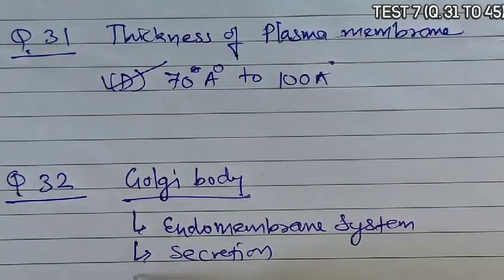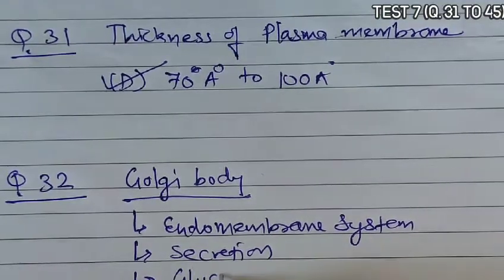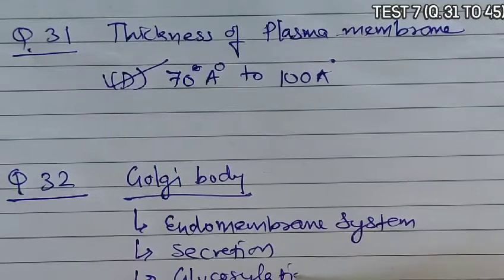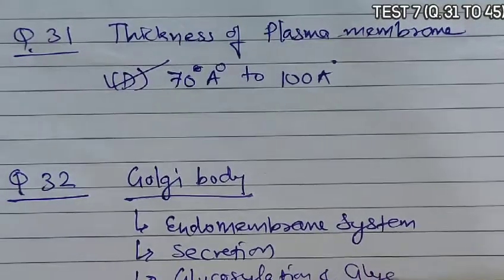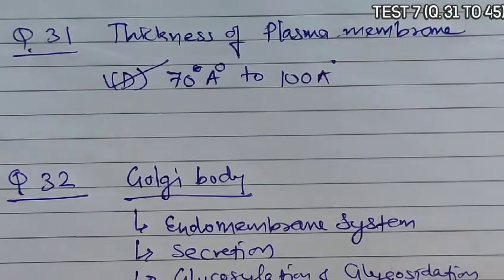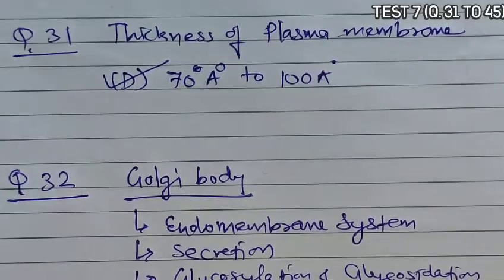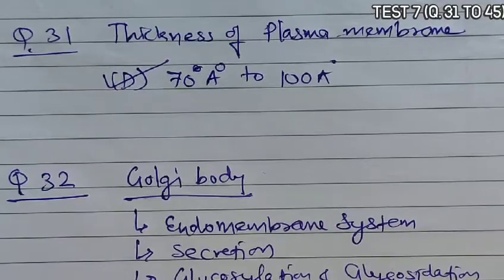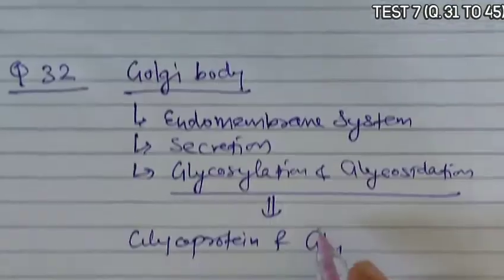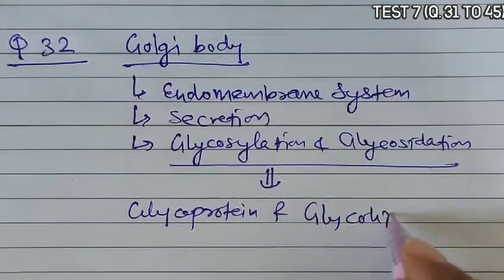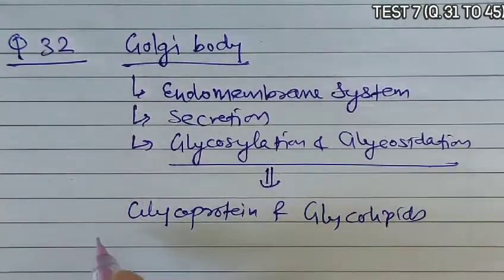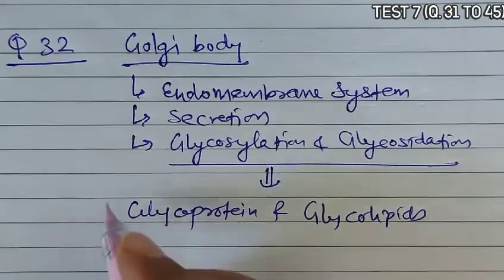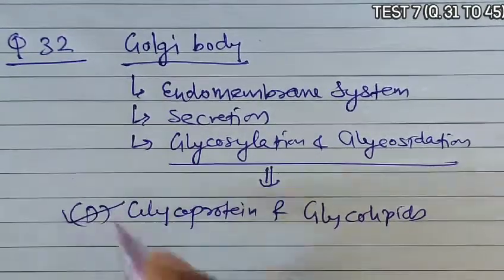And it carries out two processes, that is glycosylation and glycosidation. Now these processes lead to formation of glycoprotein and glycolipids. So option D becomes the correct answer.